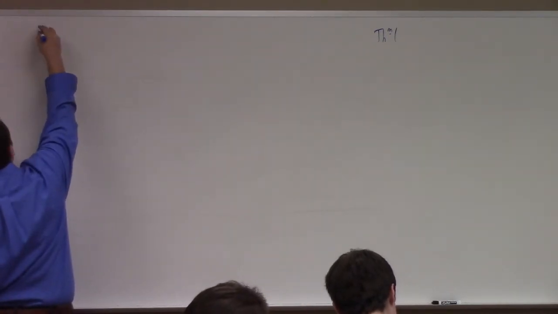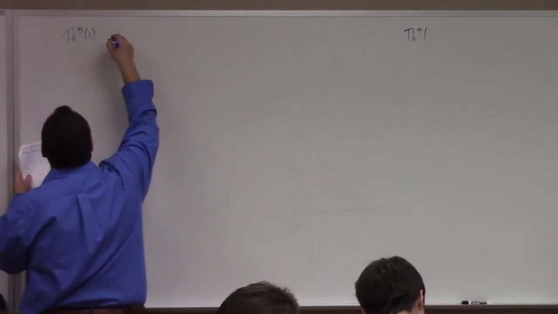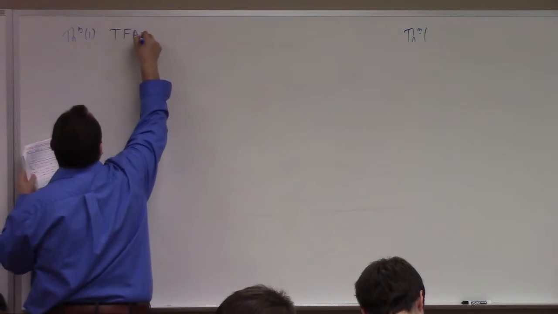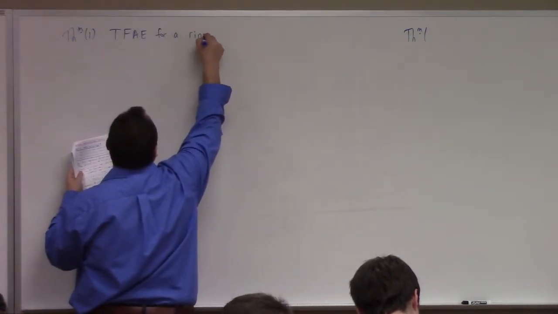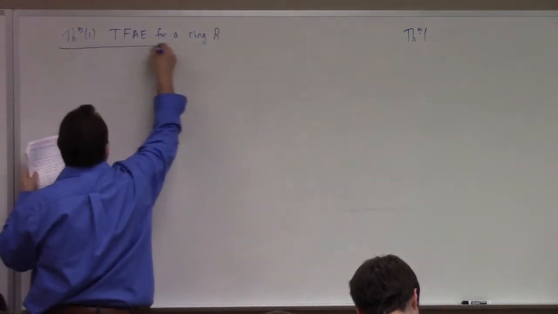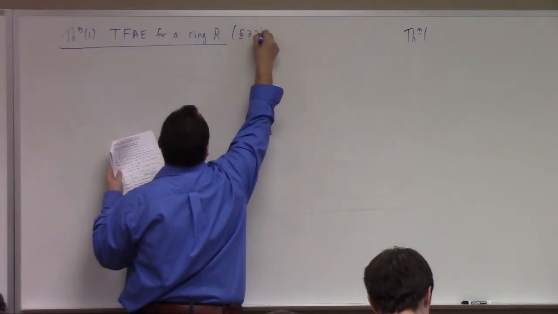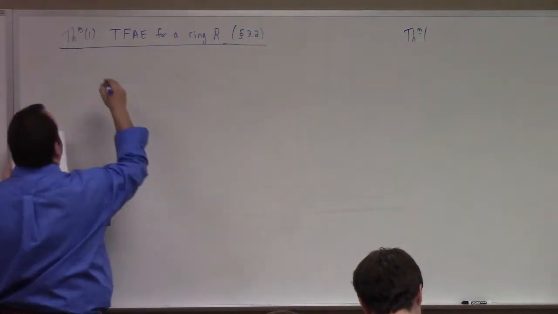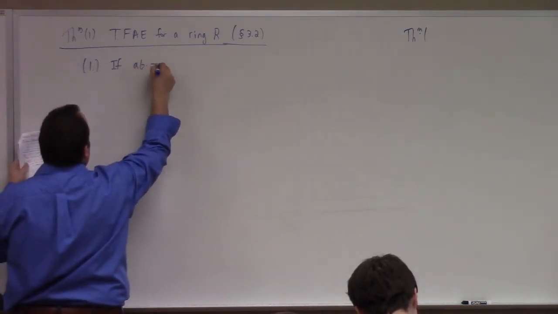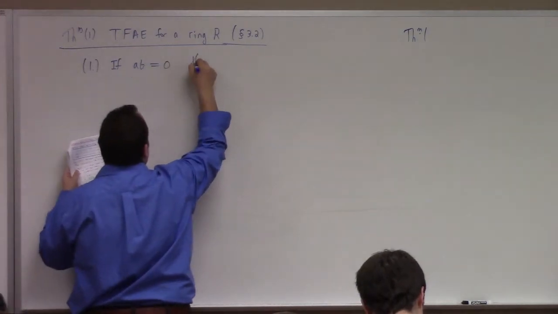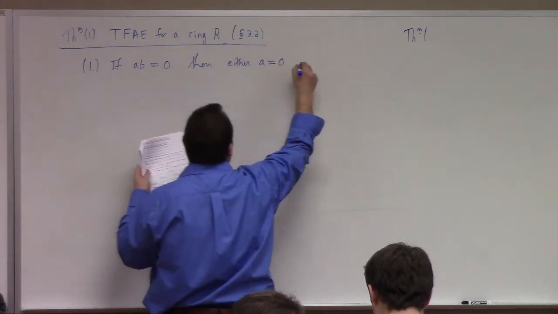So here we are in section 3.2. This is Theorem 1. The following are equivalent for a ring R. Number 1, if AB equals 0, then either A equals 0 or B is equal to 0.